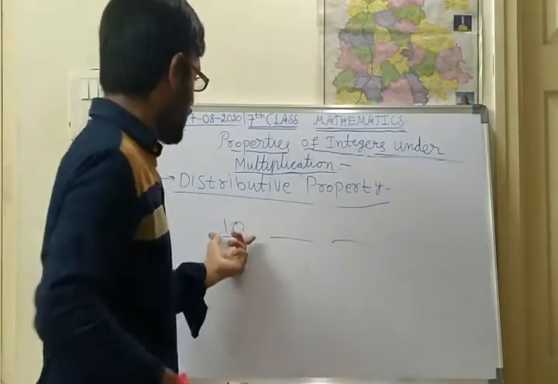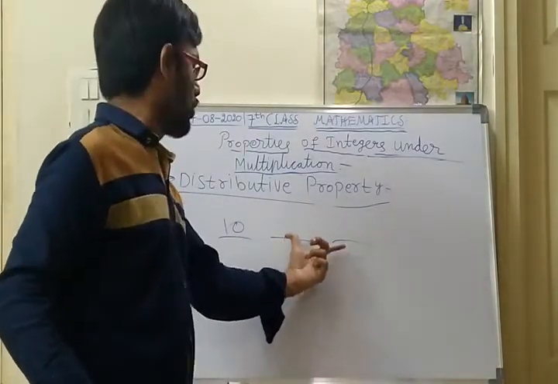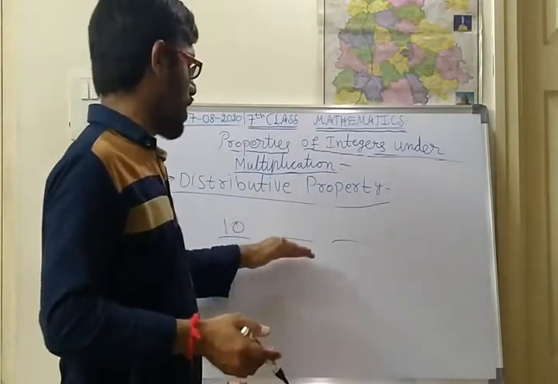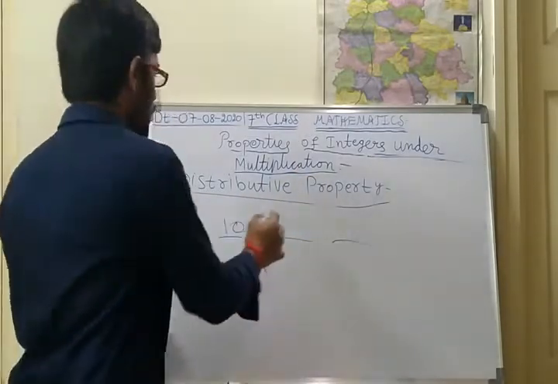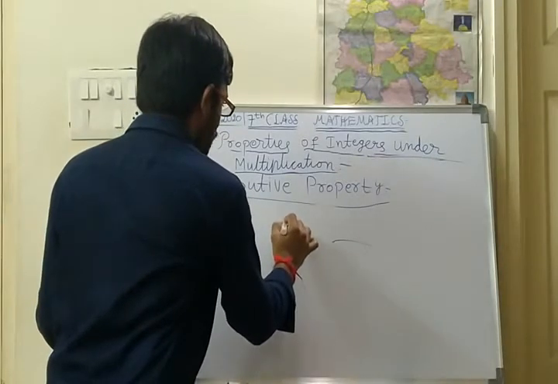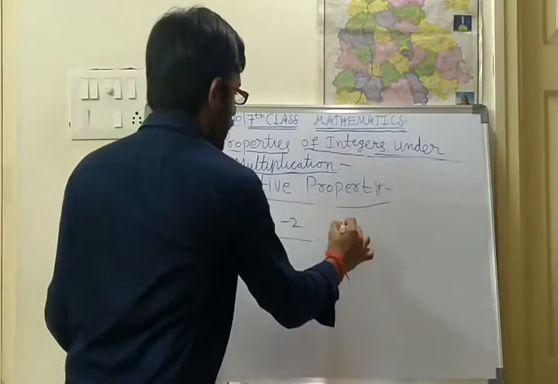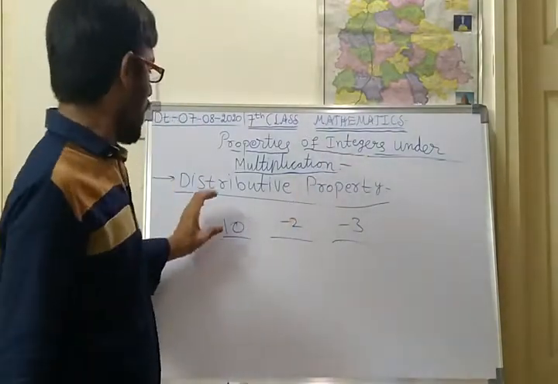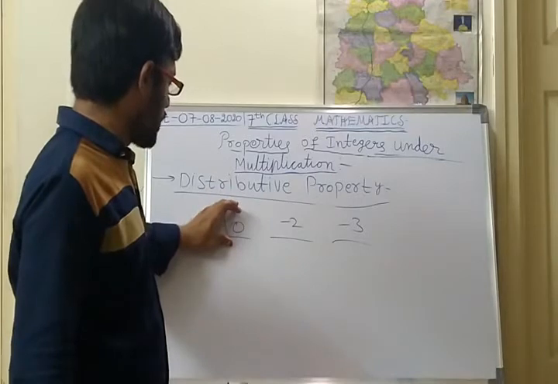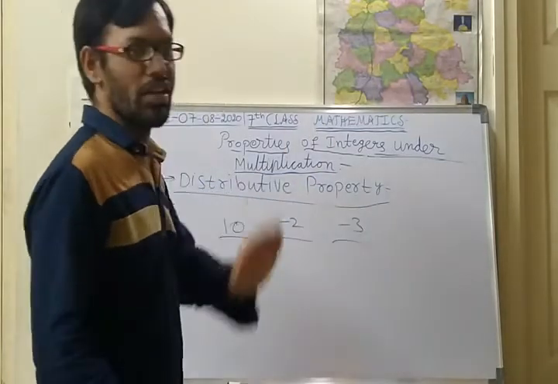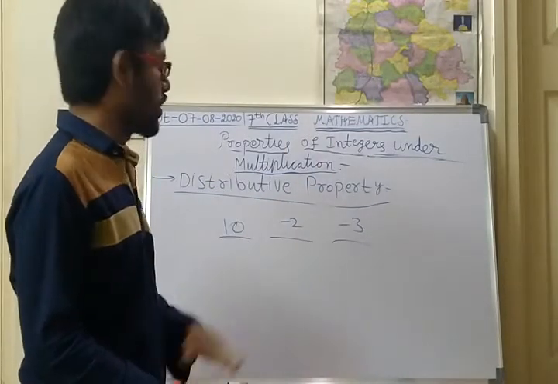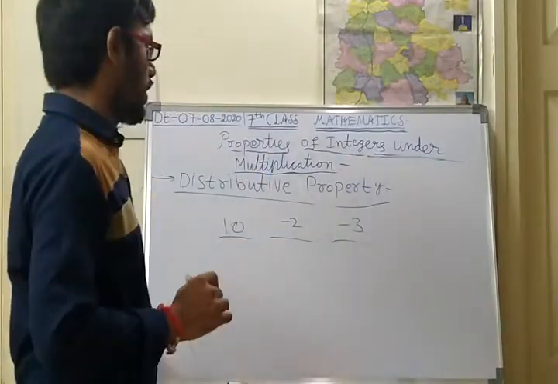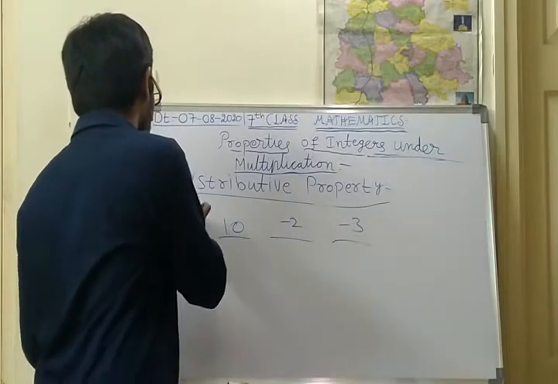This 10 will be distributed to these 2 numbers very equally, so there are no clashes. Suppose we take integers: 10, then -2, and -3. We have to distribute this 10 to -2 and -3 equally, without any clashes. In this distribution, addition will also give one support.